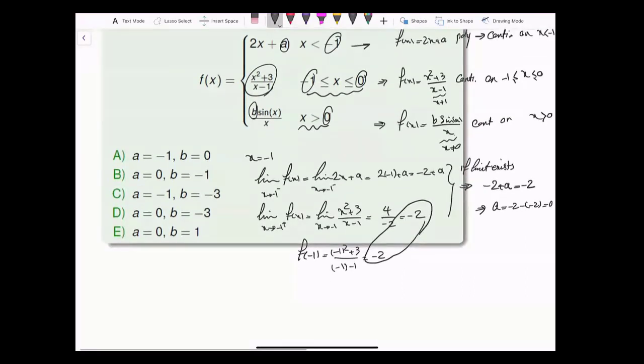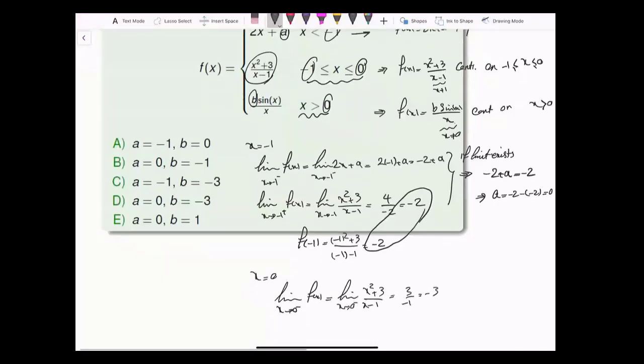A similar computation works for x equal to 0. Oh, okay, I should go step by step. The limit as x goes to 0 from the left of f of x is the limit of x squared plus 3 over x minus 1 as x goes to 0 minus. This is 3 over -1, so it is -3.